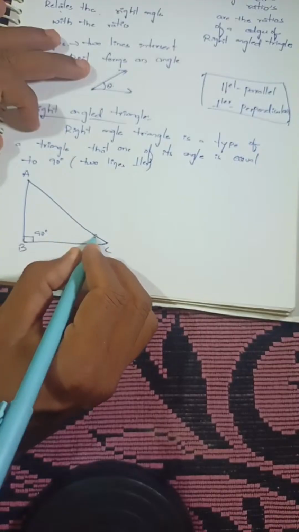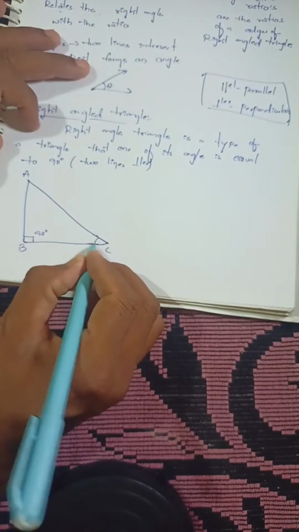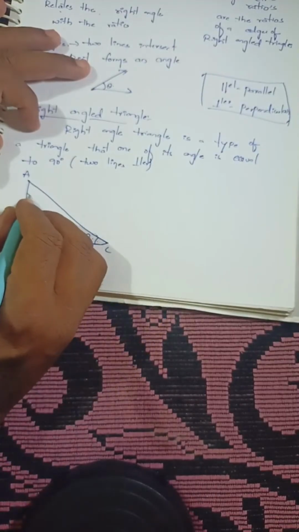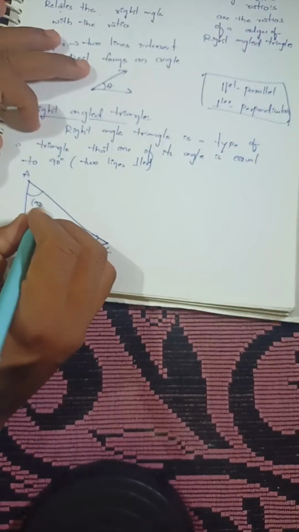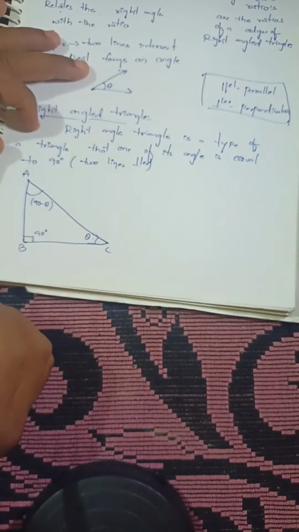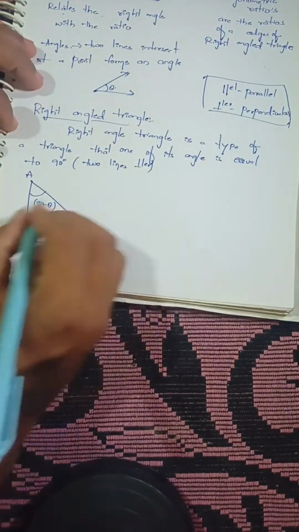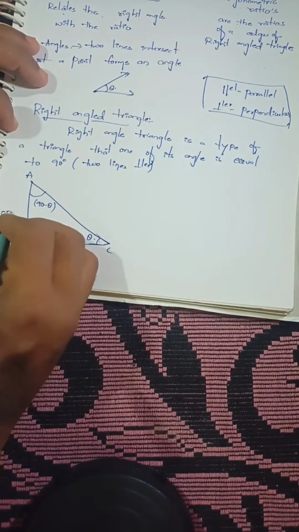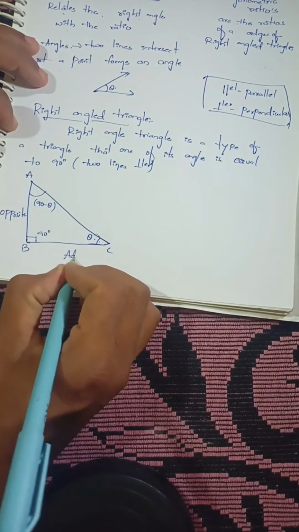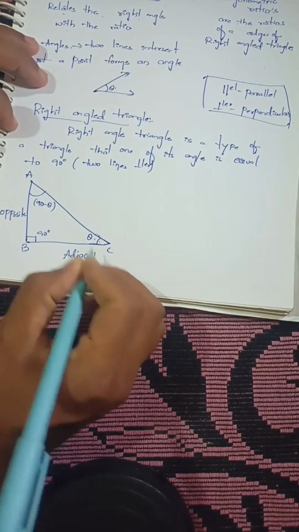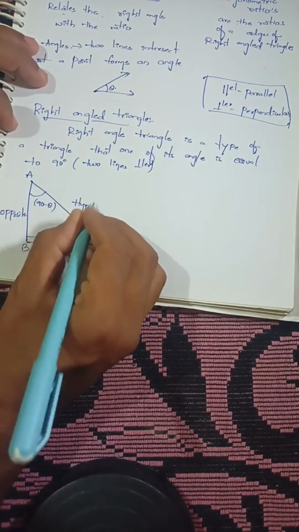The slant line and the base line form an angle theta. The angle opposite to this, angle A, becomes 90 minus theta. So here this side is called the opposite side, this one is called the adjacent side, and this one is called the hypotenuse side.